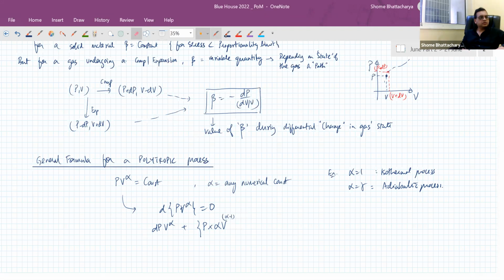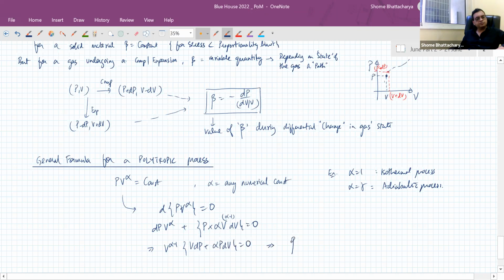This should be 0. So V dP plus alpha P dV is equal to 0. So from this you can see that Bulk's modulus, which is minus dP divided by dV by V, is equal to alpha P. So remember this, right? Bulk's modulus coming out to be alpha P.